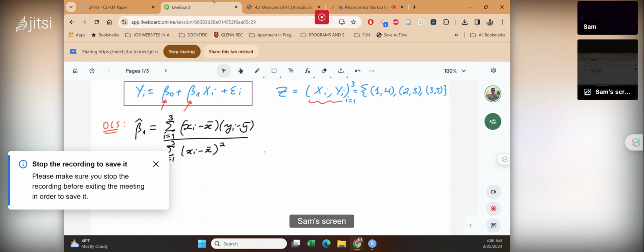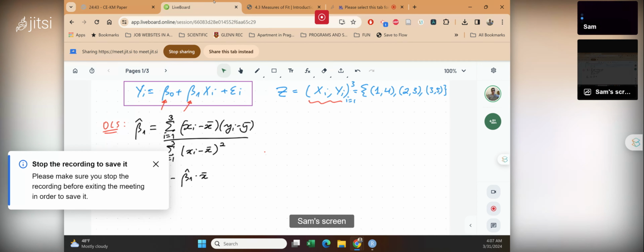This is the ordinary least squares estimator for beta 1. And once you get beta 1, you can easily find the OLS estimator for beta 0, beta 0 hat, an approximation of the true beta 0, given by y bar minus beta 1 hat times x bar.